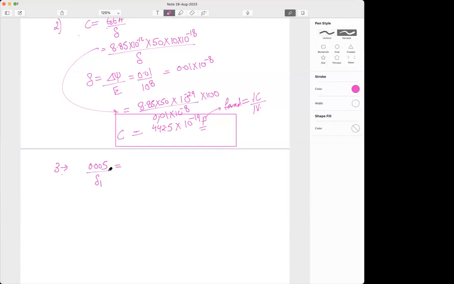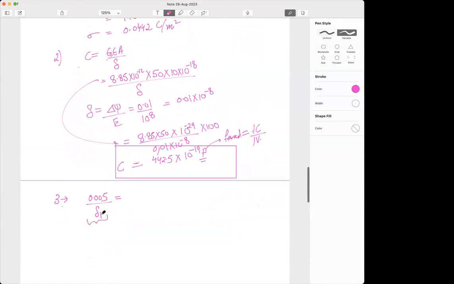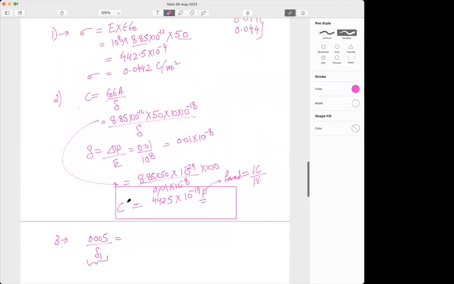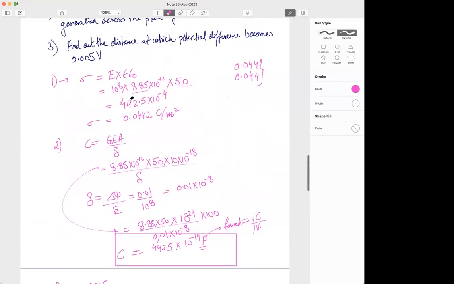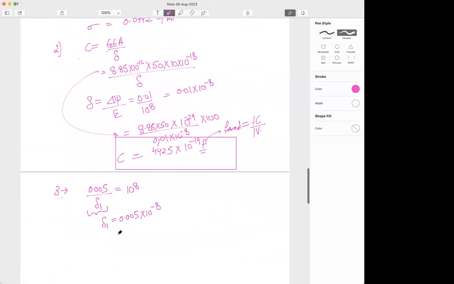Yes. So delta is equal to potential difference divided by electric field. That's what I calculated. E is already known, that is 10 to the power 8. Yes. Delta comes out to be 0.05 into 10 to the minus 8. Correct? So it will be nanometer, 0.05 into 10 raised to minus 9 meter, which is equal to nanometer. Yeah, correct.